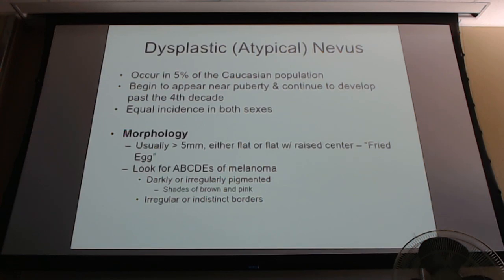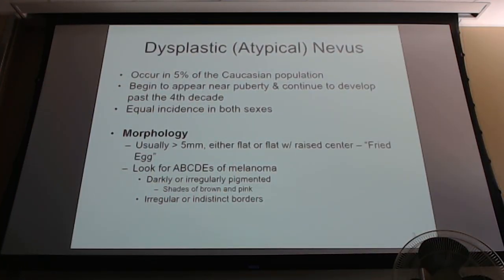So 5% of the Caucasian population begin to appear near puberty and continue to develop past that 4th decade. So they're in my age. Equal incidence of both sexes, so it's not just male or female with these. It can be either one.